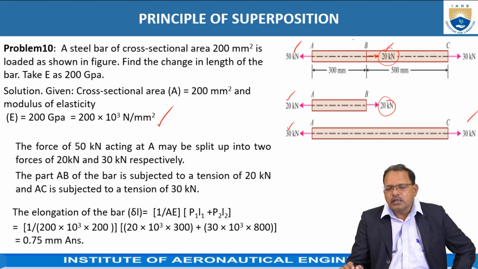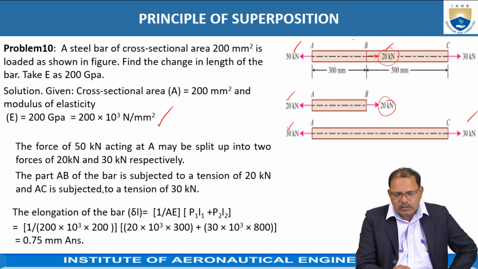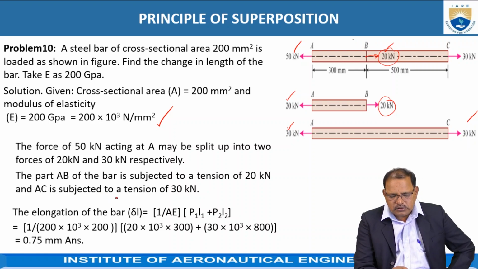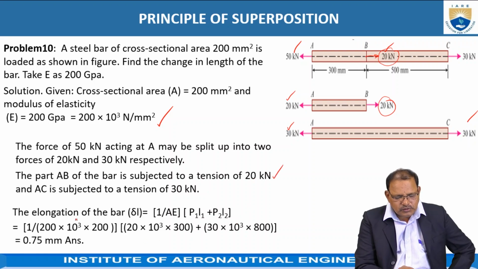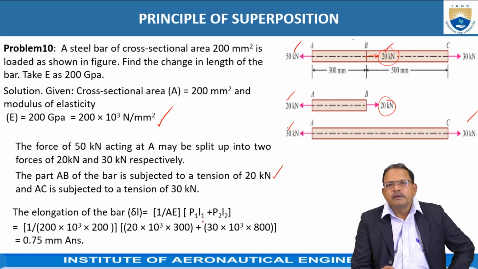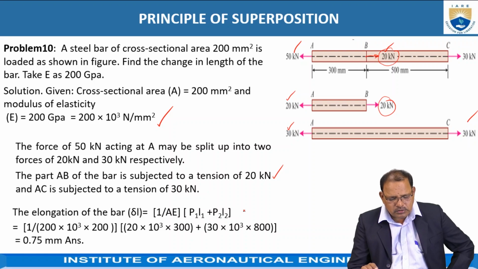The total elongation produced because of the three forces, 50 kilonewtons, 20 kilonewtons and 30 kilonewtons, is obtained as the algebraic sum of the elongation produced in AB as well as AC. Now, I am considering the first part AB. It is subjected to a load of 20 kilonewtons. The elongation is equal to 1 by AE into P1L1 plus P2L2.